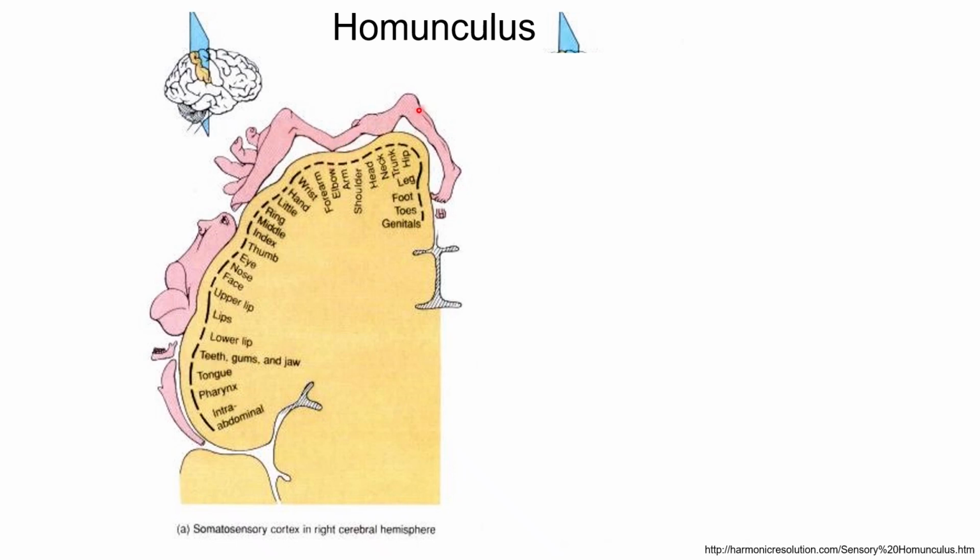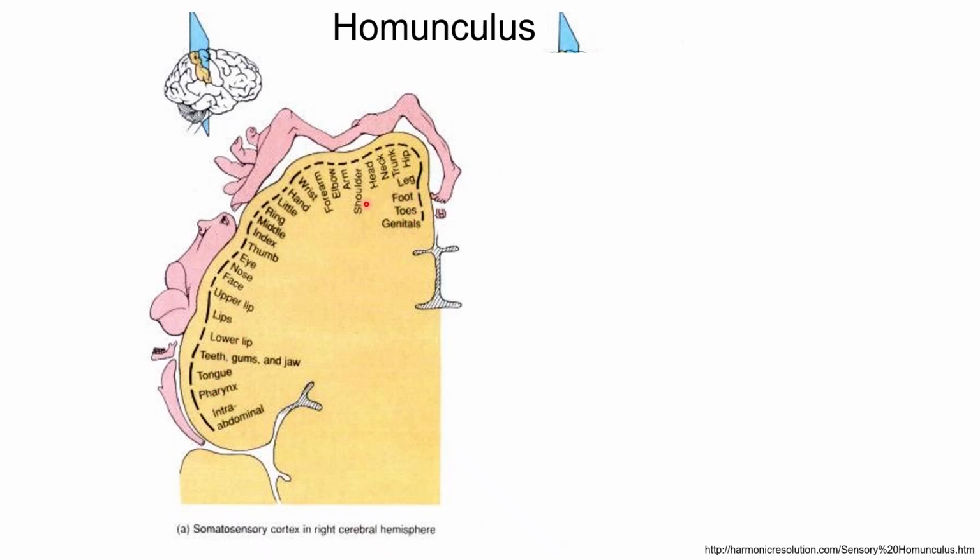Similarly, legs, which are very big, have relatively small area in the somatosensory cortex because legs are not very sensitive to touch. Another body part that has a lot of real estate devoted in somatosensory cortex is the face. And within the face, particularly the lips have a lot of area devoted to them. Tongue also has a lot of area because tongue has a lot of touch receptors.